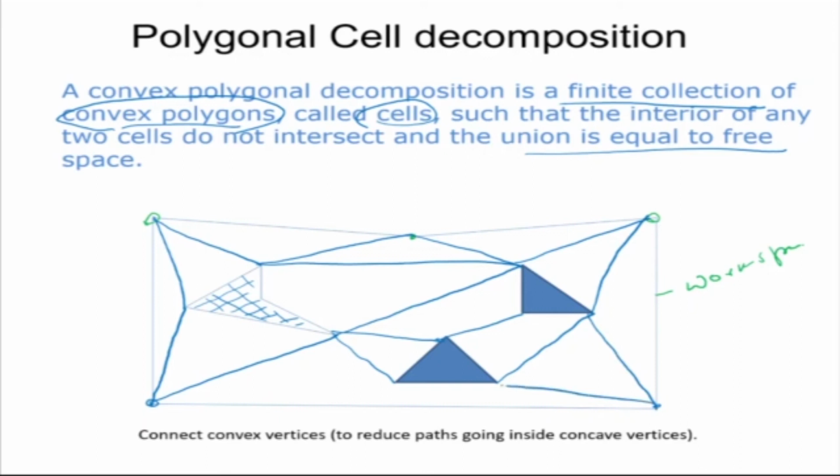I've made my connections. So I have divided the whole workspace into a collection of cells by connecting the nodes and the vertices. Now what we can do is number the cells.